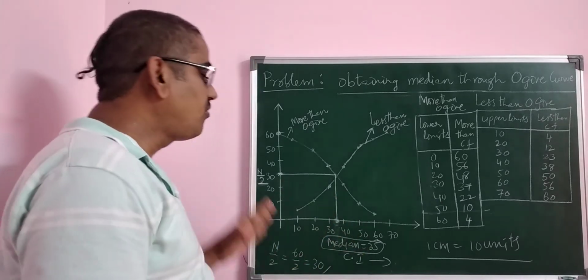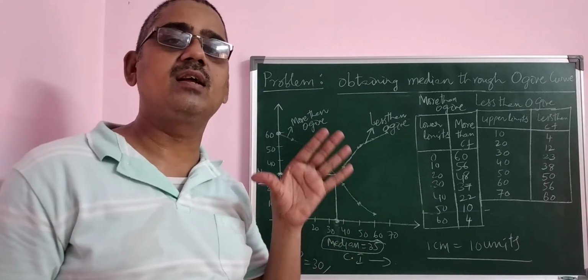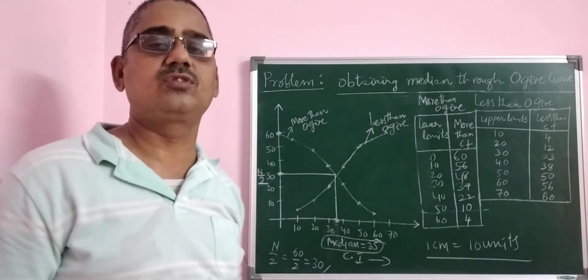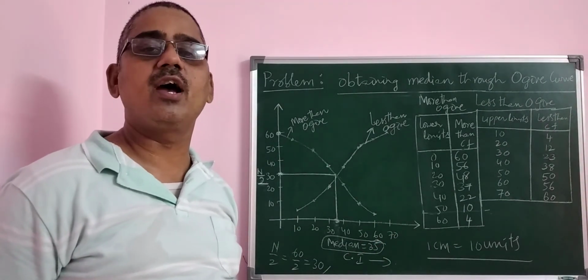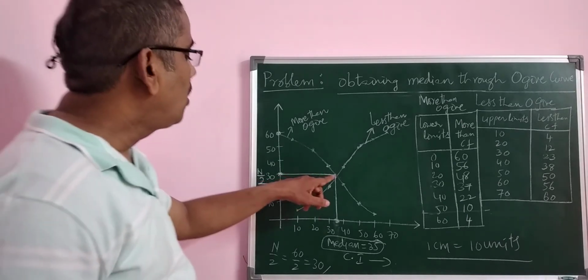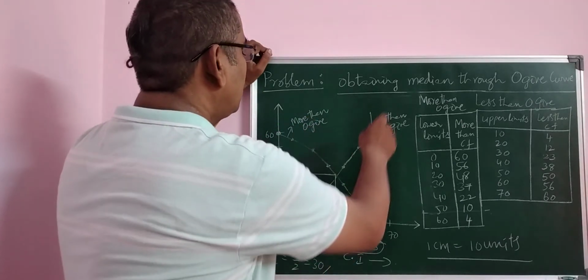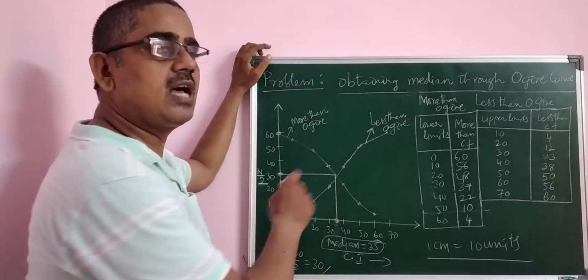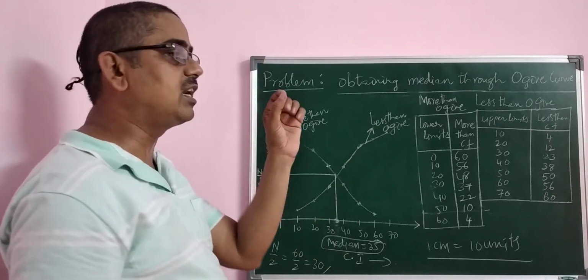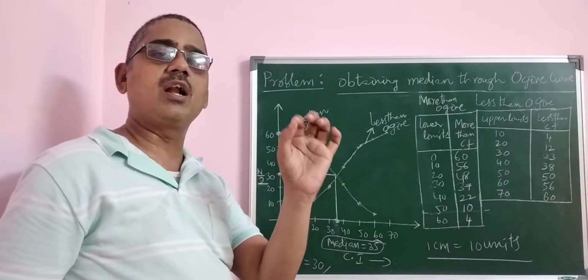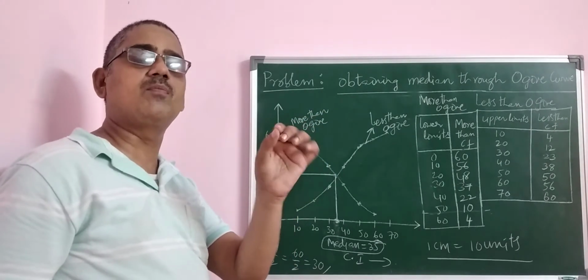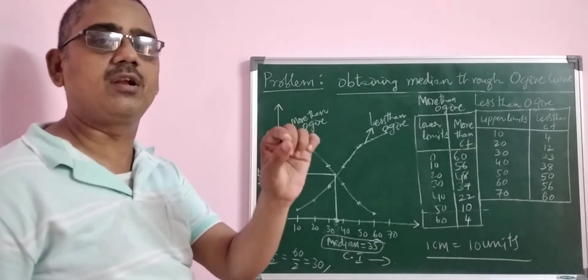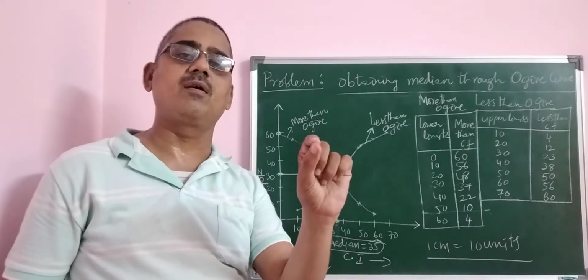This is the procedure of obtaining the median through the ogive curve. Another method I have also explained, in which the two ogive curves, less than ogive and more than ogive, meet at one particular intersection point.